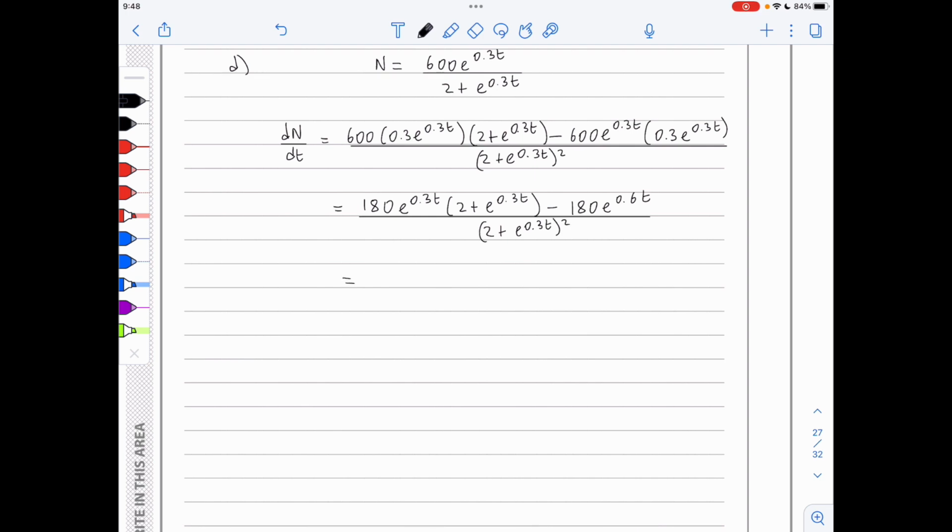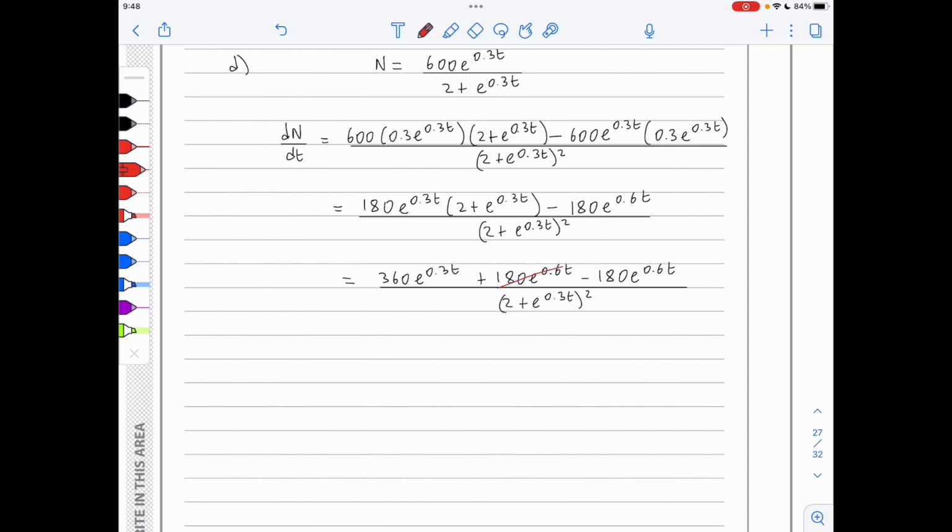I get 360 e to the 0.3 t plus 180 e to the 0.6 t minus 180 e to the 0.6 t over 2 plus e to the 0.3 t squared.